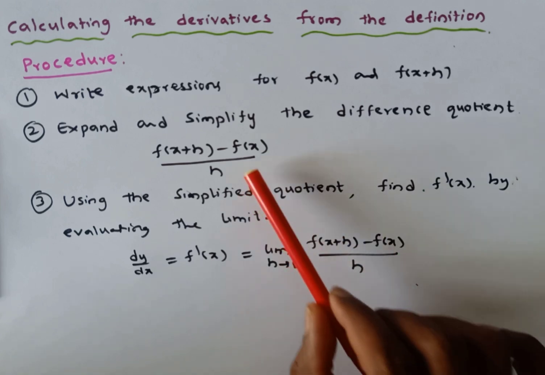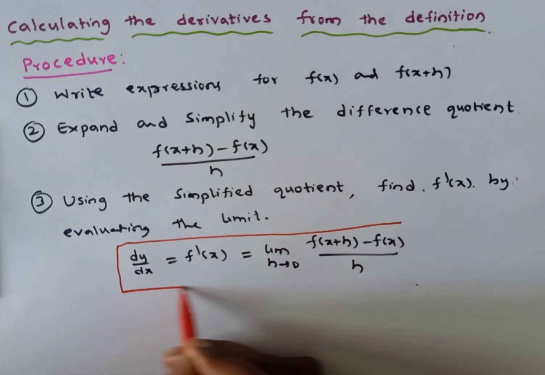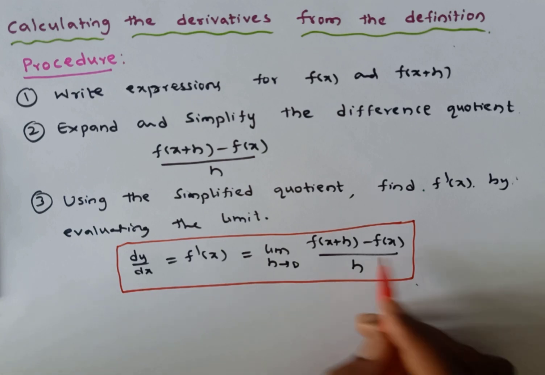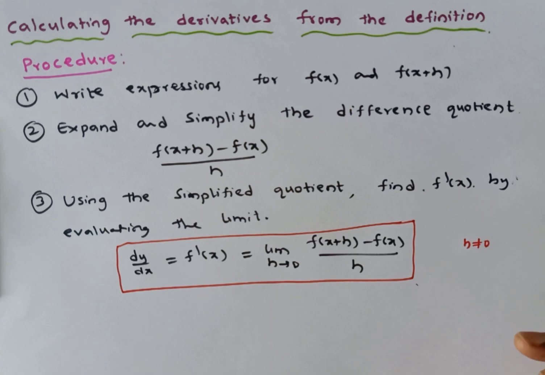For this simplification, just apply the limit as h goes to 0. Then we get f dash of x or f prime of x, where h is not equal to 0. h is any positive quantity but not equal to 0.